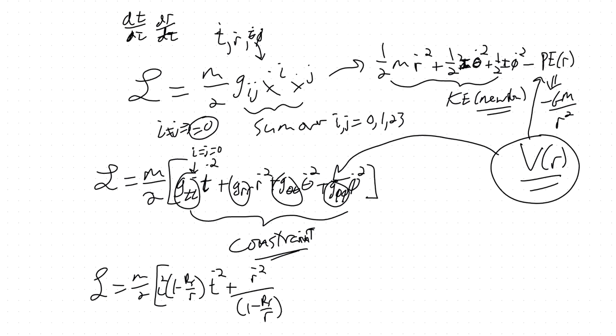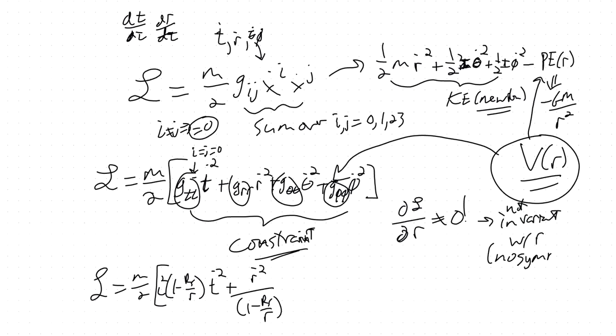So right away we see dL, that'll be a partial derivative, but it doesn't matter, same thing. So dL over dr is not zero, because it depends on r. It's not invariant. There is no symmetry with r.